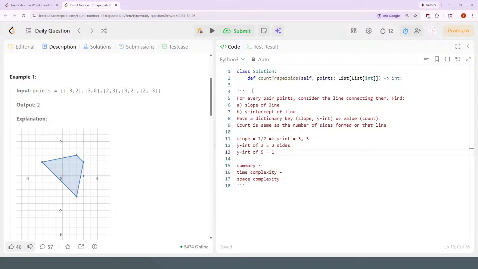So any of these 3 sides could work with this side to form a trapezoid.